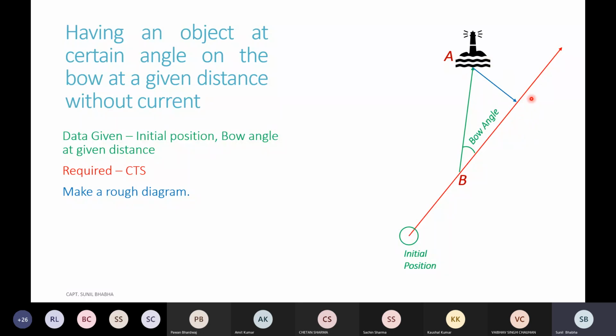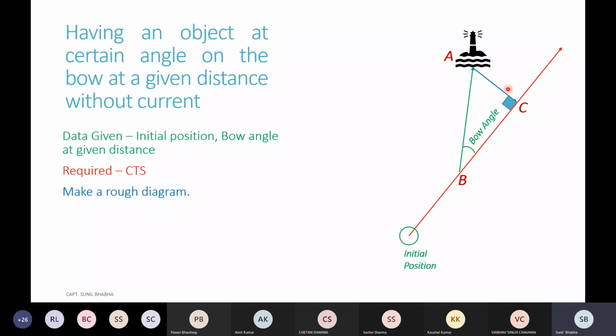So you can see this perpendicular in blue color. This angle here would be a 90-degree angle. Since it is a perpendicular, the angle would be a right angle. Let's mark this point where the perpendicular touches the CTS as C. So we have this Charlie point here in our rough diagram.